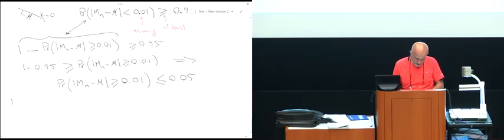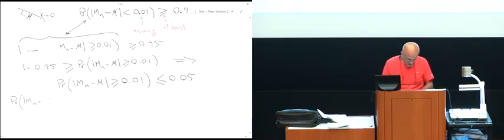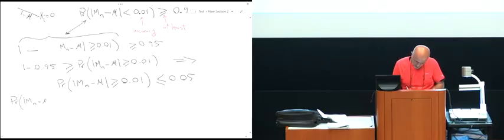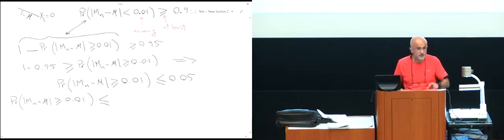What does Chebyshev's inequality say about this probability on the left-hand side? What does Chebyshev say? That this probability is less than or equal to what?